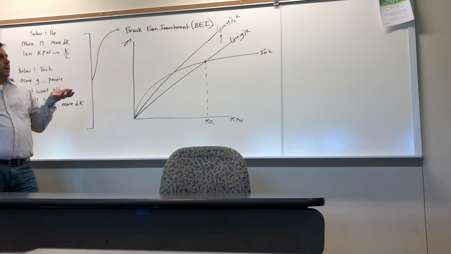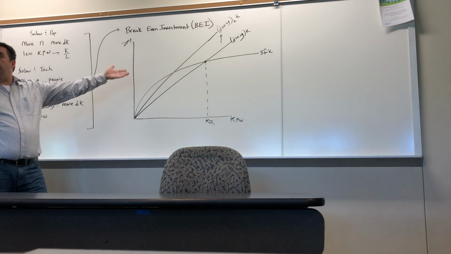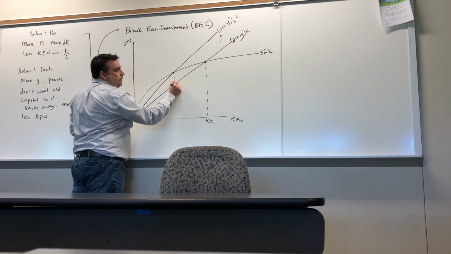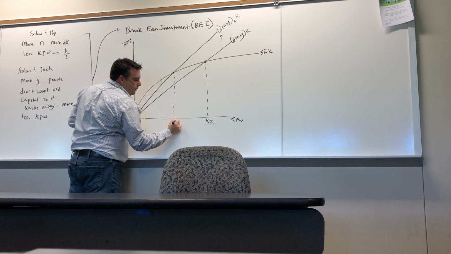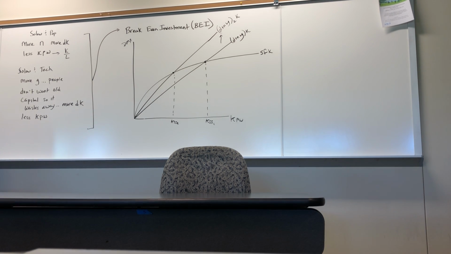And we see that the effect of increasing either N or G or both caused our KPW to fall. Less capital per worker would mean less output, but Solow said this is what would happen unless our break-even investment definition kind of comes to fruition.